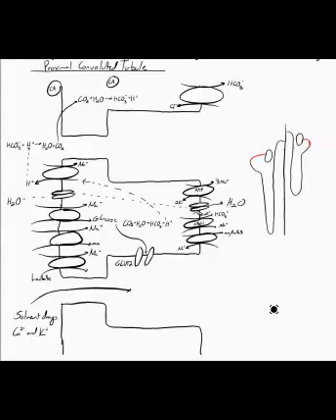About 70% of sodium, chloride, potassium, and water will be reabsorbed here, and 100% of glucose, unless you are diabetic, is reabsorbed here, as well as amino acids under normal conditions. Here we have the sodium-potassium ATPase pumps that pump sodium into the interstitium, creating a gradient.